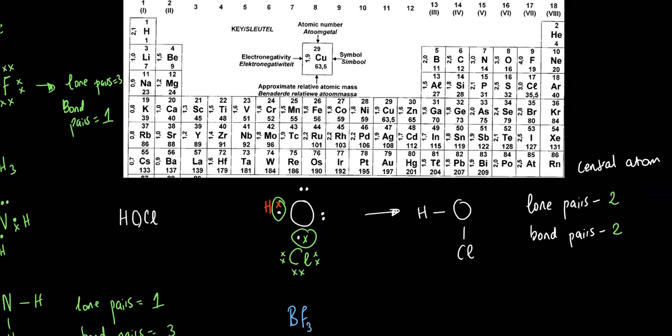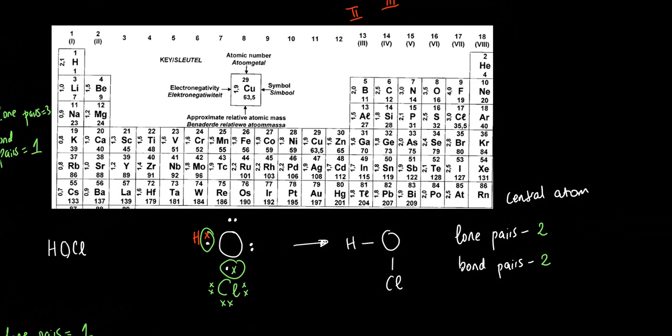3. Okay, so since boron has 3 valence electrons, we say boron and then 1, 2, 3. Now remember, we're discussing BF3. Fluorine has 7, so it will be the one to come and fill in here. Though fluorine's electronegativity is 4 and boron's is 2, so one might argue that fluorine should be the central atom.